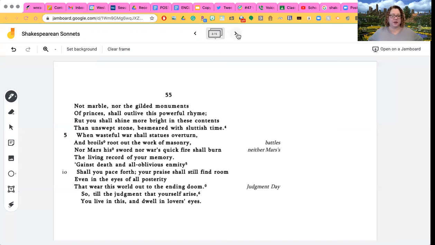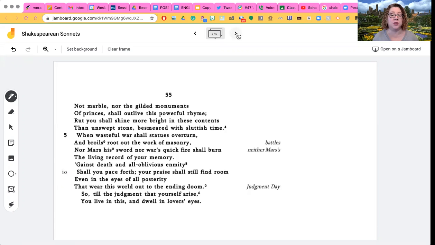Okay, 55. Not marble nor the gilded monuments of princes shall outlive this powerful rhyme, but you shall shine more bright in these contents than unswept stone besmeared with sluttish time. When wasteful war shall statues overturn, and broils root out the work of masonry, nor Mars his sword, nor war's quick fire shall burn the living record of your memory.